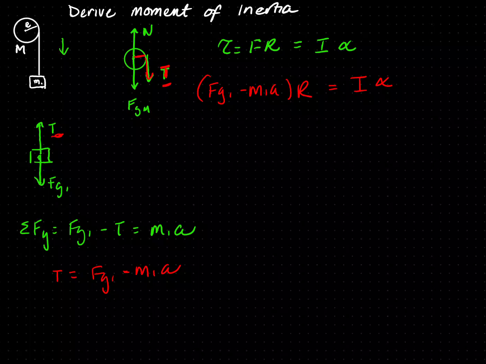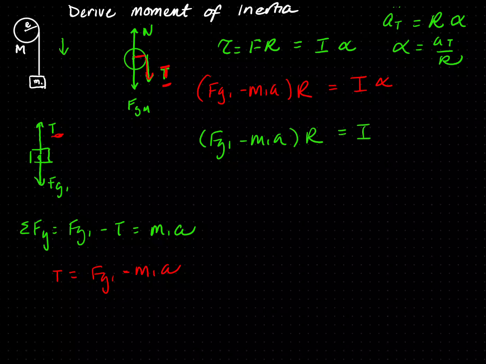We also learned that we could substitute in for angular acceleration because tangential acceleration is equal to r, the radius, times the angular acceleration. So angular acceleration becomes a tangential over r. And so if I substitute that in, that becomes Fg1 minus m1a times r is equal to I at over r.